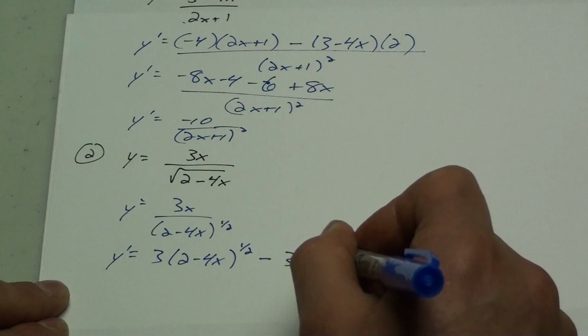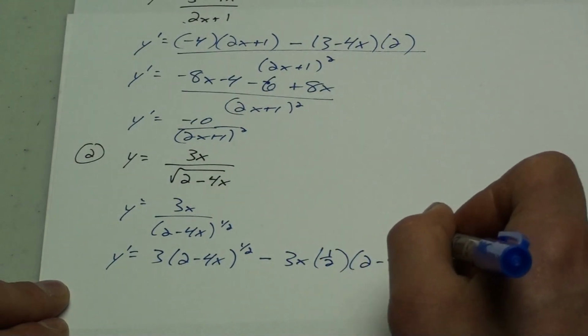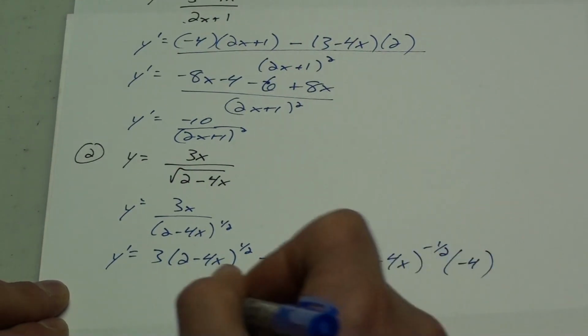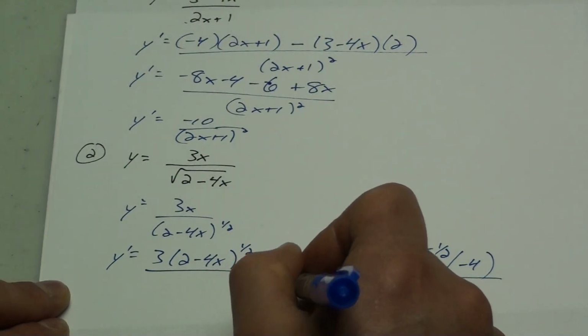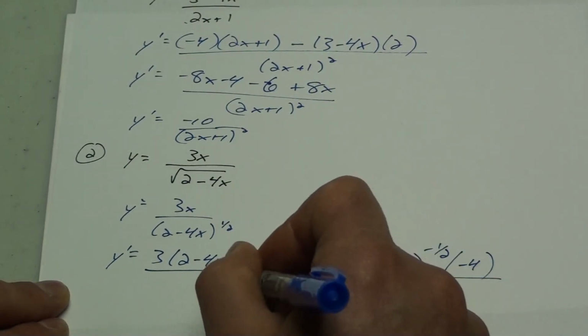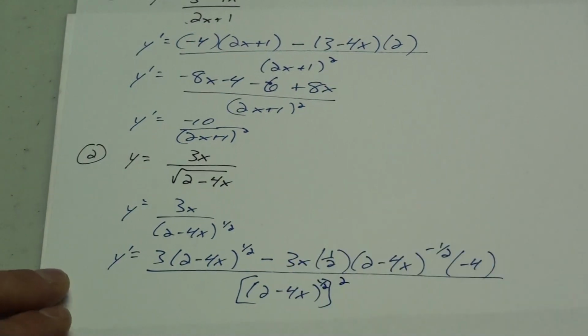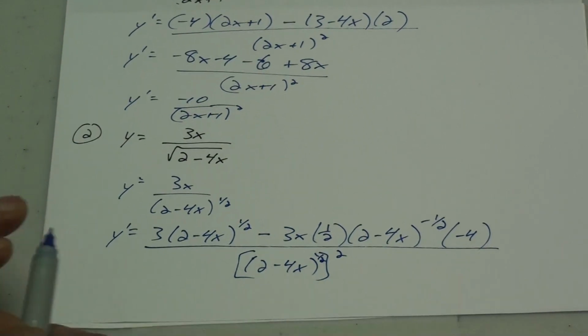So I'll bring my exponent down, original inside, reduce the exponent by 1, and derivative of the inside, all over the bottom to the 1/2 squared. Now there is a lot of simplifying you can do in this case.